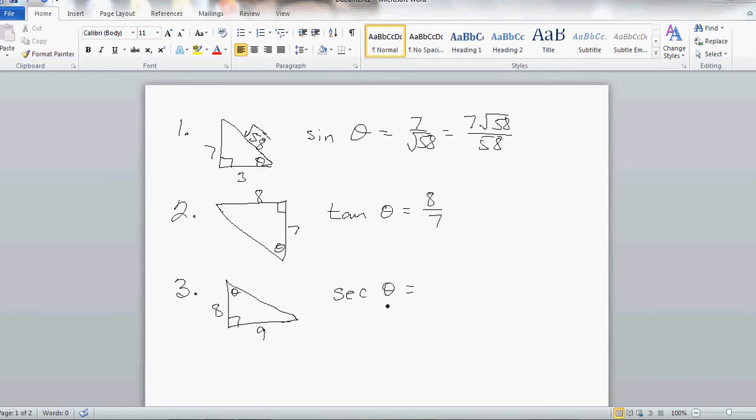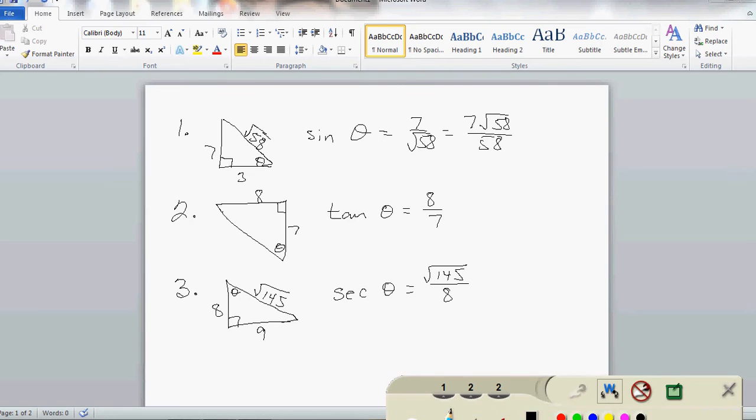And so the hypotenuse would be the square root of 145, and the secant of theta is the reciprocal of cosine. Cosine would be adjacent over hypotenuse, so the reciprocal would be hypotenuse over adjacent, and there is the final answer for that.